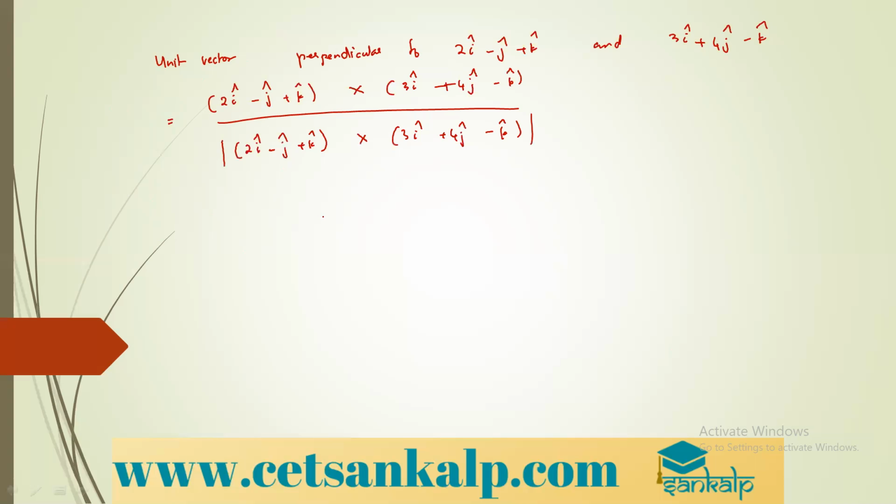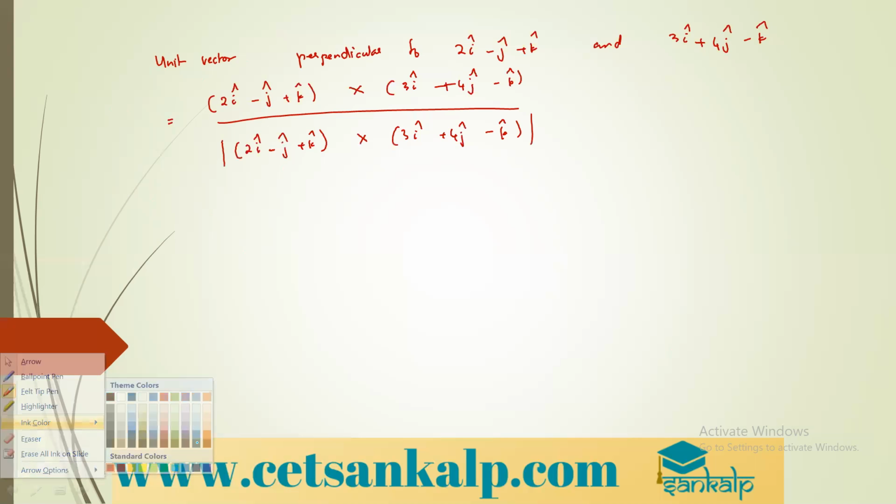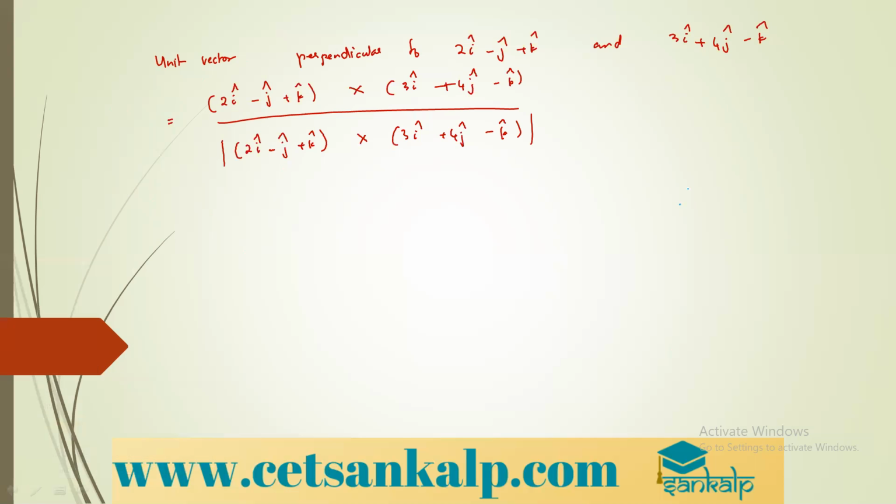And for cross product, you have to take determinant. For the numerator, if I want to find the cross product, I will take the determinant i, j, k and write 2, minus 1, 1 the coefficients, 3, 4, minus 1 the coefficients.